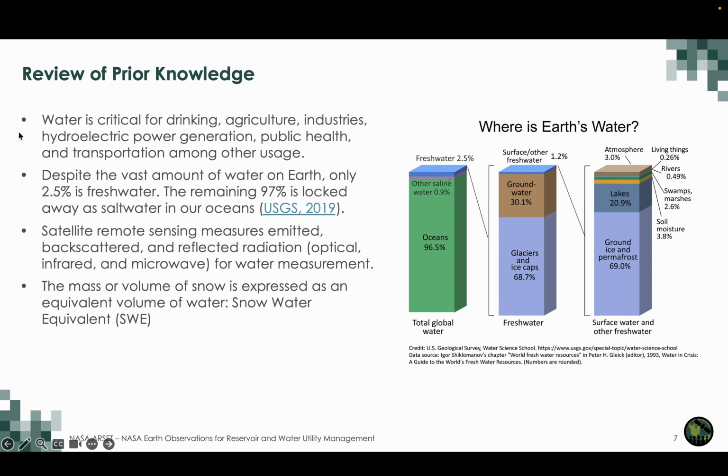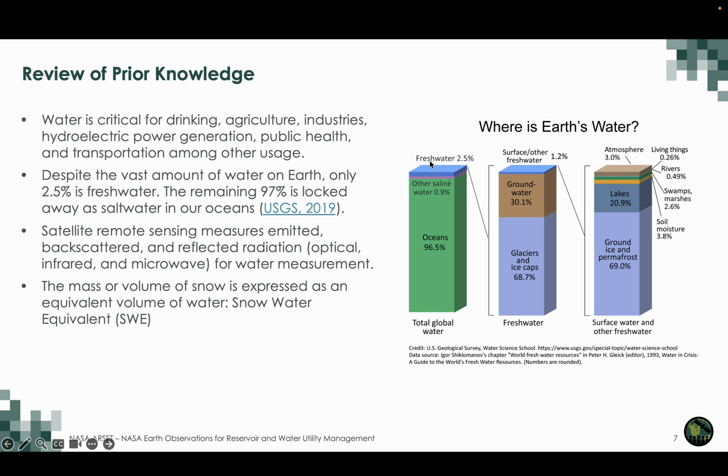Before we dive into today's session, there are a few important facts and concepts to note. As we know, water is critical for drinking, agriculture, industries, hydroelectric power generation, public health, and transportation, among other usages. Now, despite the vast amount of water on Earth, 71% of Earth is covered with water, but out of that, 97% is in our oceans and it's saline.